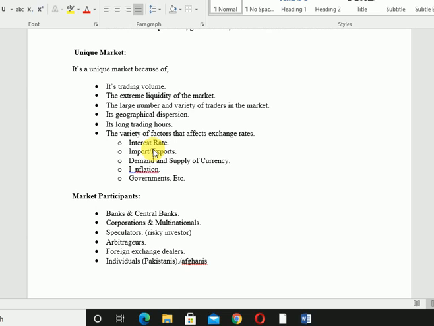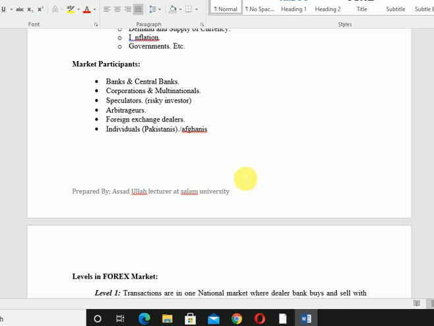Next topic is market participants, or Forex market participants. Who takes part in the Forex market? Banks and central banks, because they need different types of currency, so they take part in the Forex market.